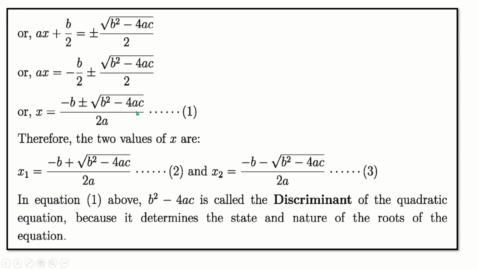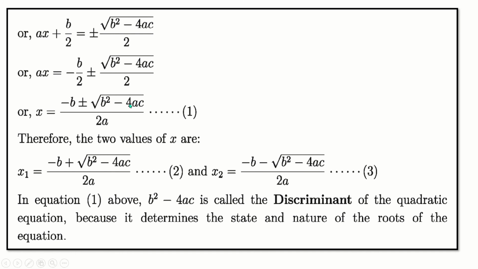That means what kind the roots will be? As b square minus 4ac determines the state and nature of the roots of this equation, this is called discriminant. Clear everyone?